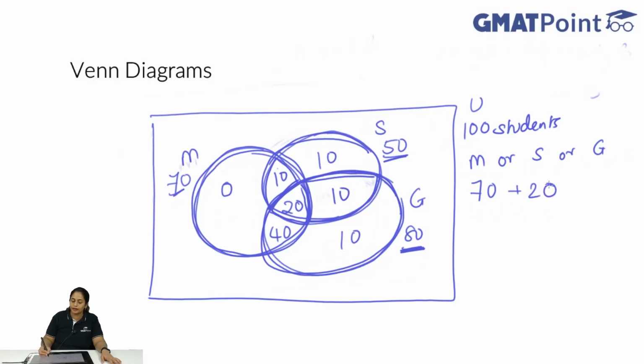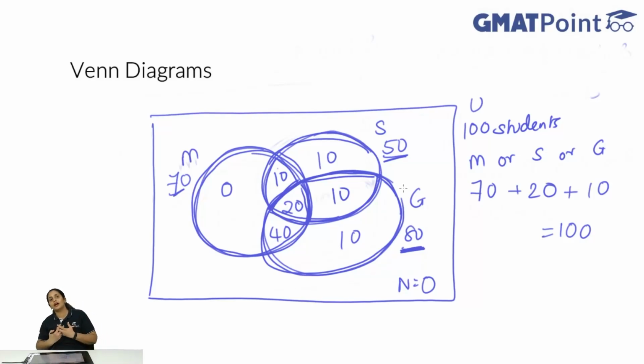So that is another 20. How many are studying geography but not maths or science? That is another 10 over here. So that means a total of 100 students are studying one of these three subjects, which means the number of students who are studying neither of these three subjects is 0. So the value of n that is not part of any of these three sets is 0.